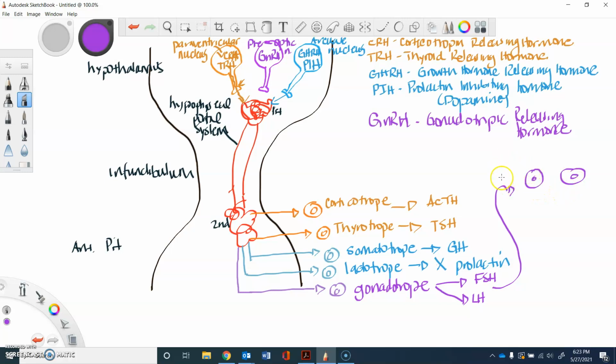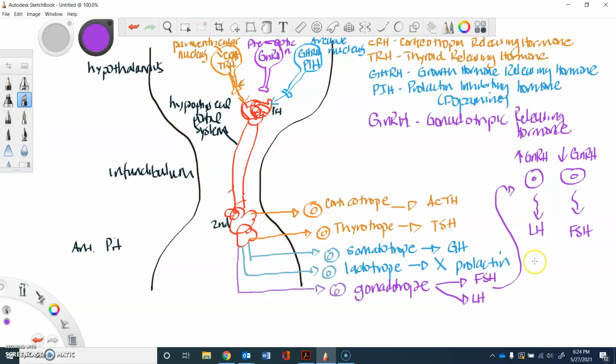Okay, so when there are high levels or a higher frequency of the gonadotropin releasing hormone, so high frequency, then we end up with LH. If it's a slower or low level of GnRH, then we get FSH. Okay?